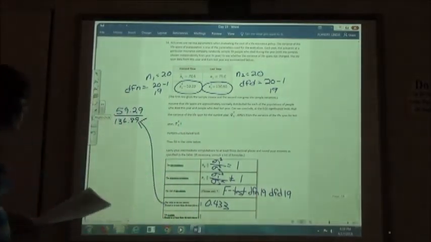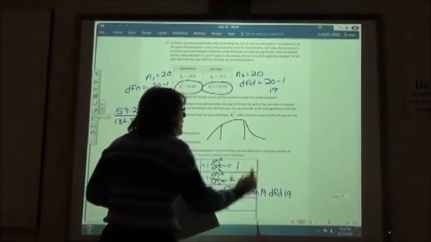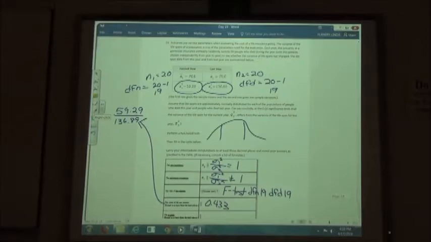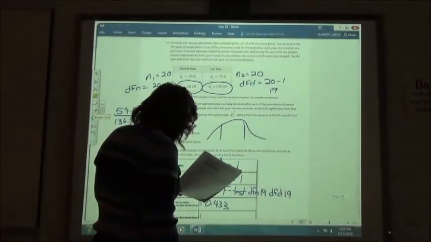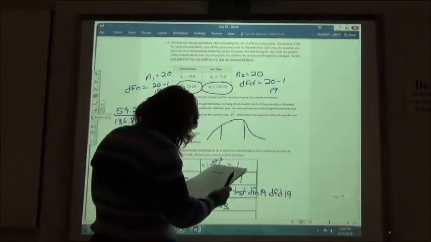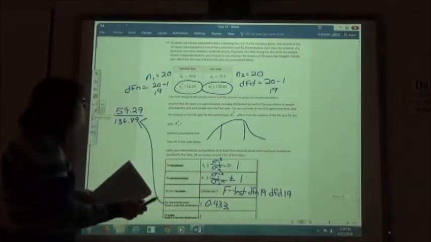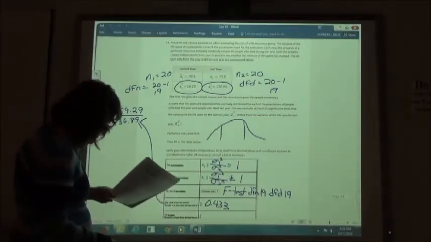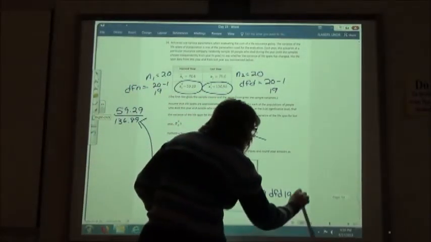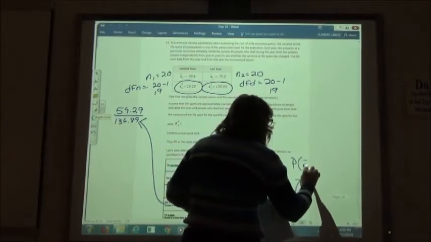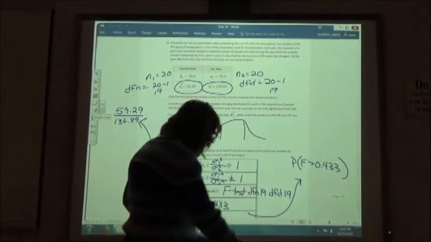.433. Okay? We are doing a two-tailed test on this one since we're doing an equal and a not equal, right? So, I'm trying to remember if I get the same number when I do both ends. No, I think I have to do minus. Because this one we are doing F is greater than. Let's just try it. I'm curious now. If you do P of F is greater than 0.433, whoops, I got to put my degree of freedom on there.